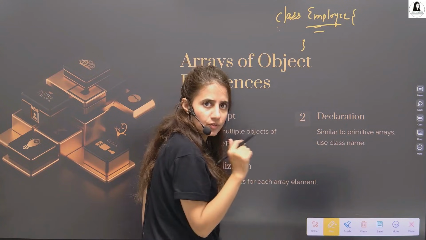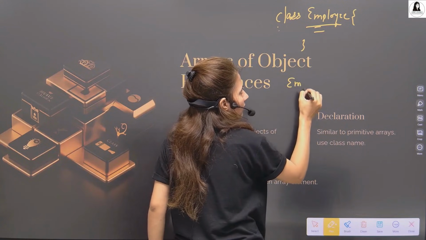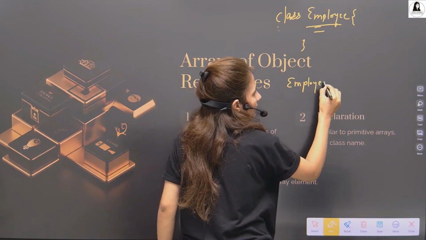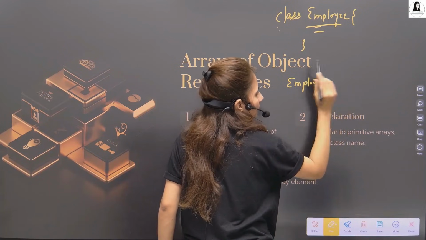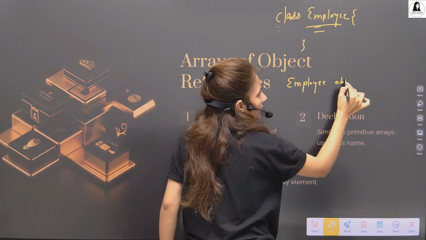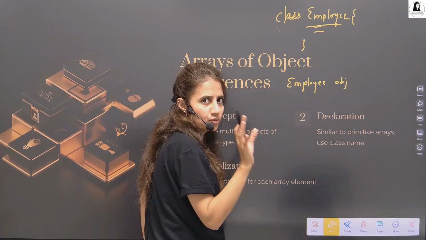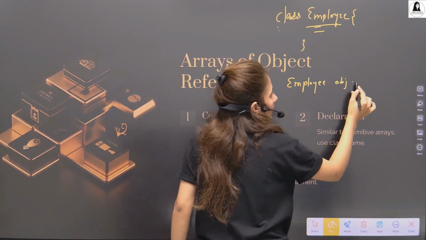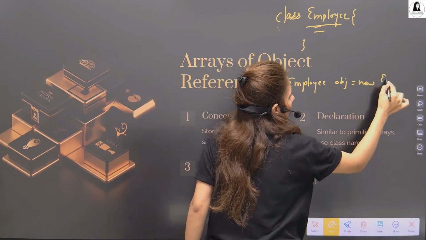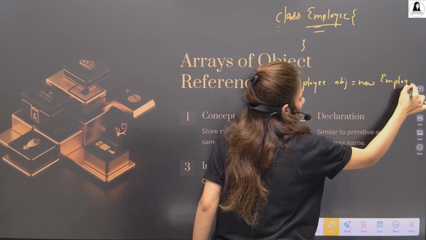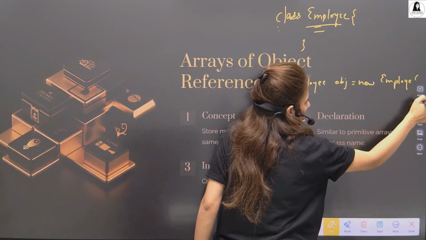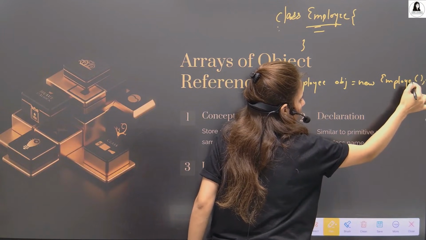How to create an object of this class? You know the syntax very well. Just the name of this class, then the object name. Any name you can take, like obj, ABC, XYZ, employees, anything, is equal to new, and this is basically the default constructor, employee.